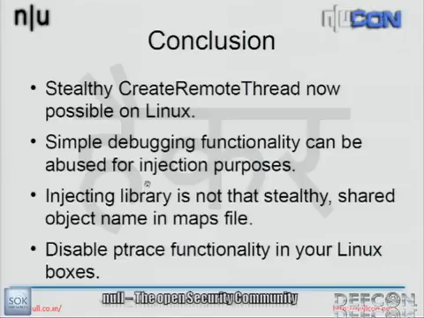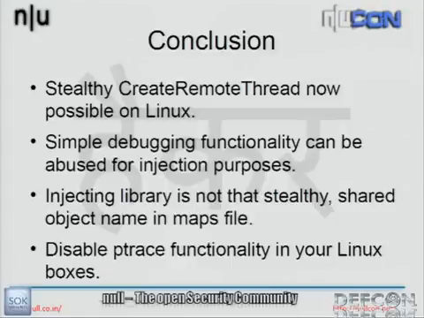All right. So the conclusion is, now you can actually do a stealthy create remote thread in Linux. On top of what Windows provides, Windows does not give you the option of just passing in your payload and it'll do the rest. But in this case, you just need to pass the payload. For Windows, you need to first create memory inside the remote process.